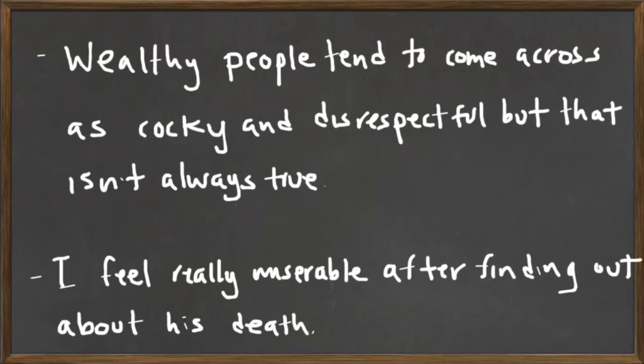Wealthy people tend to come across as cocky and disrespectful, but that isn't always true. Now, to come across means to give the impression of. Cocky is when you believe that you are better than others, or better than the rest or the people around you.